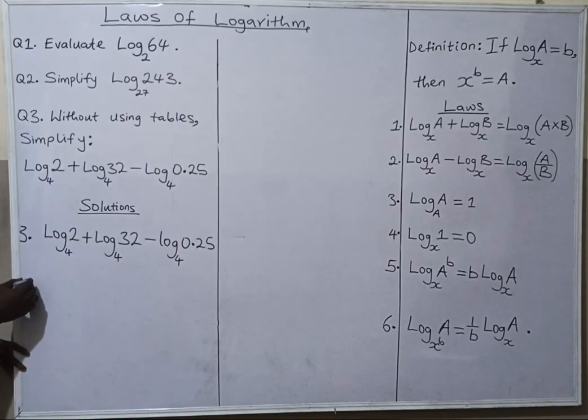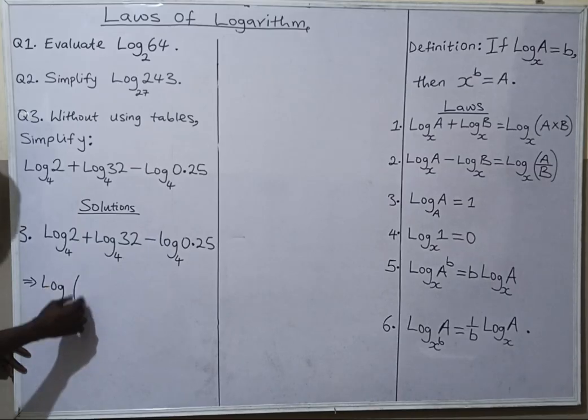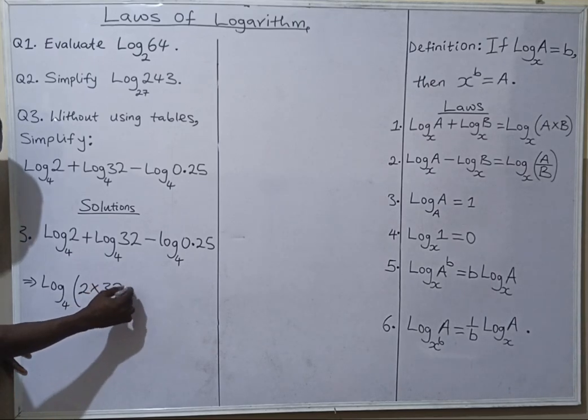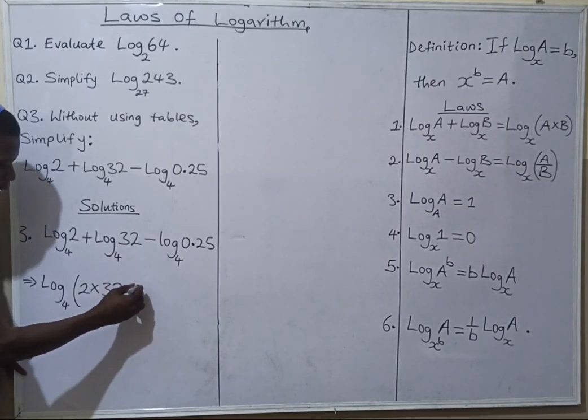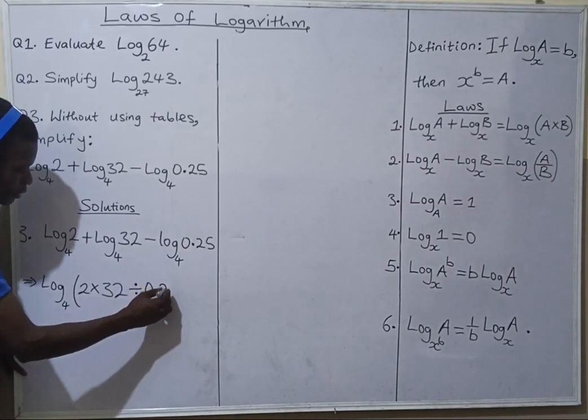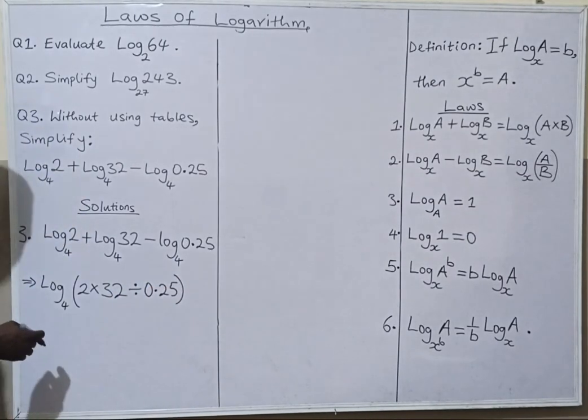So we'll be having them as log to the same base of 4, 2 multiplied by 32 divided by 0.25, and that is what we have.